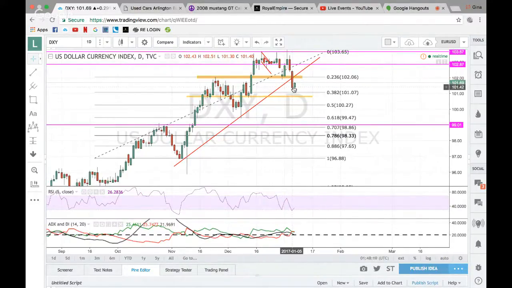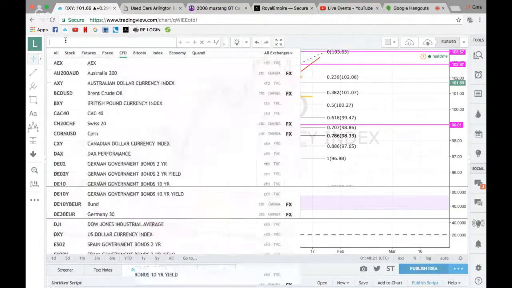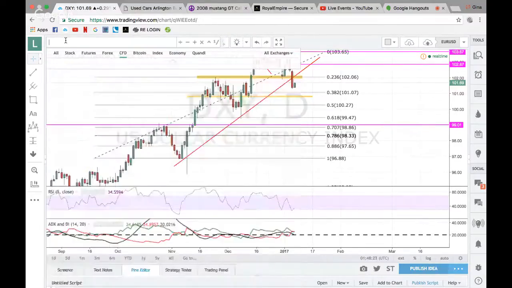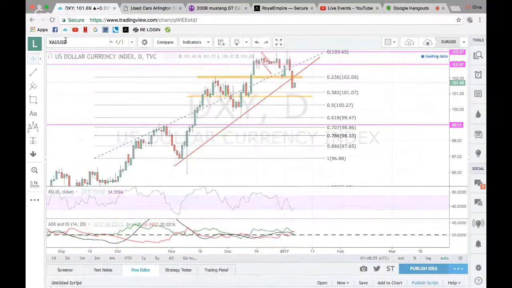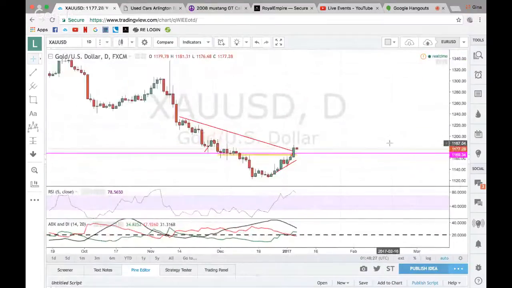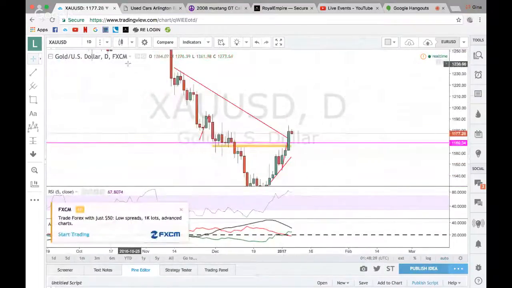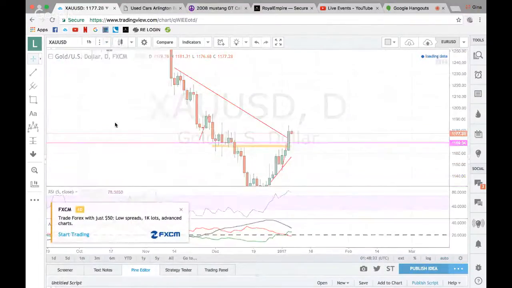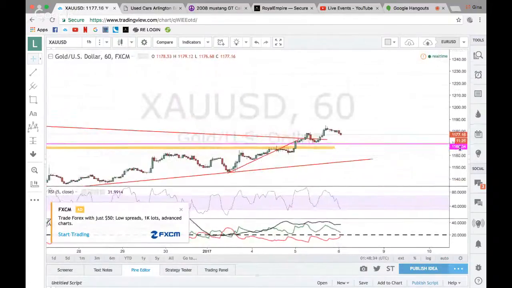Now, technically speaking, the dollar's going to go up right during London. It's going to retest the supply and demand zone. Okay, what is gold going to do? Gold is going to drop. It already is. It's going to continue to drop through London.